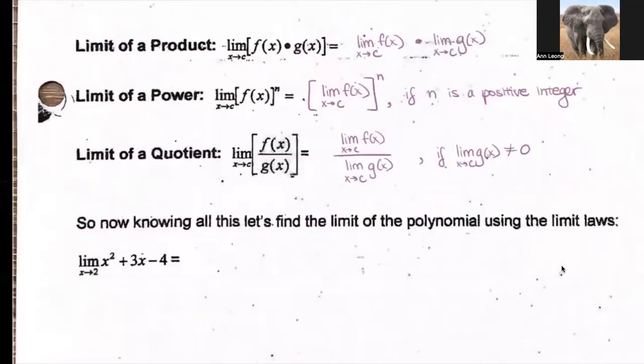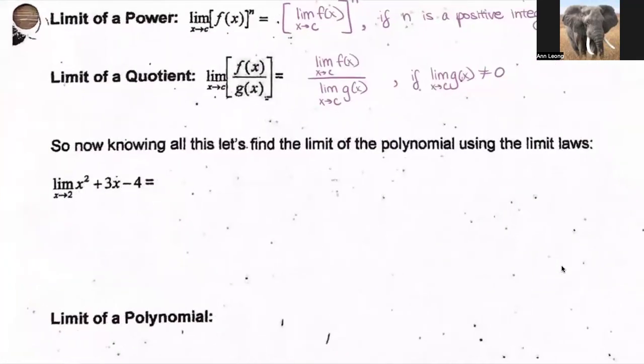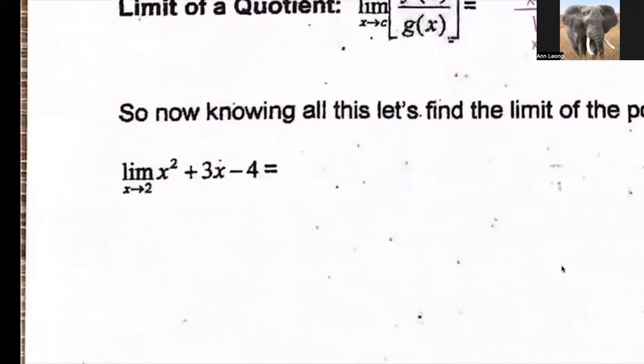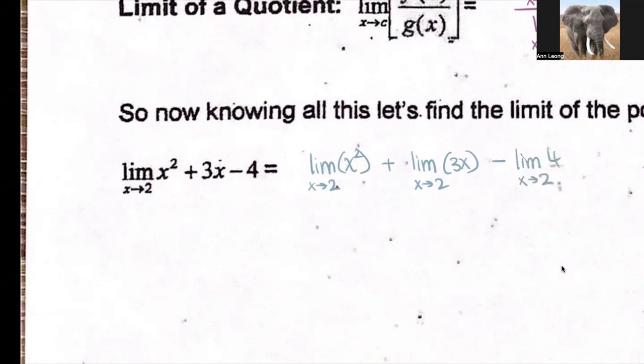Well, when we get to problems like this, we can simplify it fairly easily. We're trying to find the limit of this function as x approaches 2. We know that this is going to be the same as the limit of x squared as x approaches 2 plus the limit of 3x as x approaches 2 minus the limit of 4 as x approaches 2.